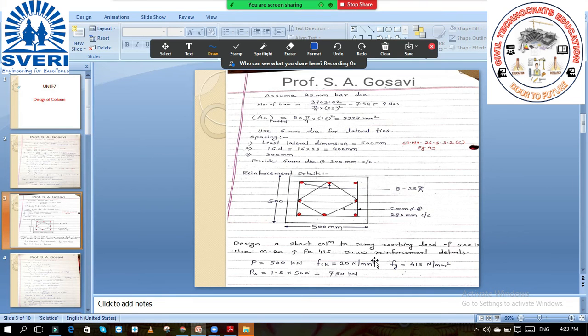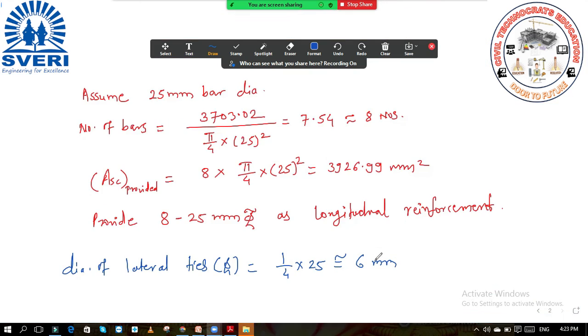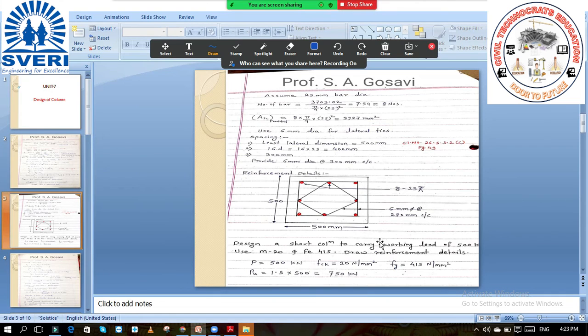So we can provide 6 mm also and 8 mm also. Choice is yours, there is no problem. So for time being, for our learning of designing this, I will keep it as 6 mm. So the diameter of the lateral ties is 6 mm. I have taken. Now calculate the spacing.